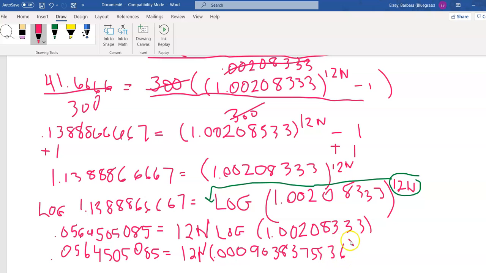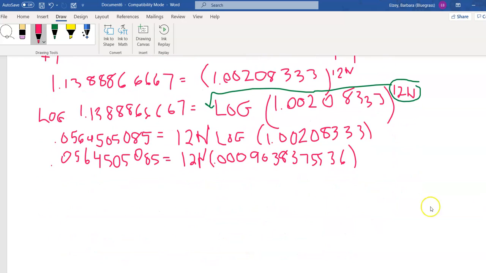All right, now we're going to clean this side up and then we're going to finish this off. So I'll rewrite this. But what I'm going to do is multiply the 12 times the 0.0009 blah, blah, blah, and I'll leave the n behind it.